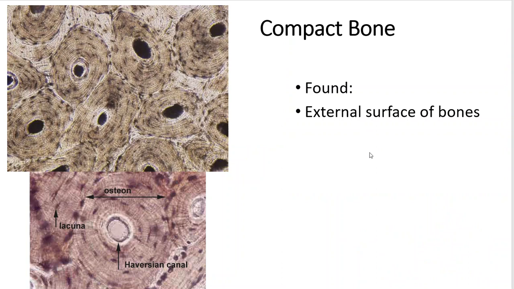This one, compact bone, is absolutely a piece of cake. I mean, that looks like a tree that has been chopped down. Those look like growth rings, and as a matter of fact, they are growth rings. These little black dots that you see there are the osteocytes.